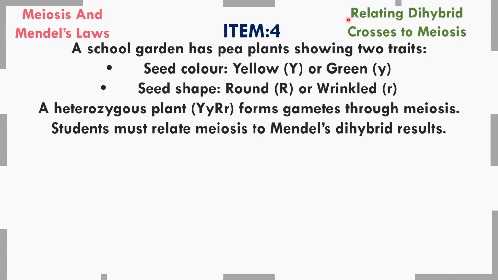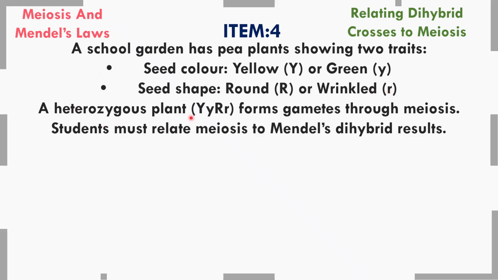Let's now look at relating dihybrid crosses to meiosis. Item 4. A school garden has pea plants showing two traits: seed color, yellow (Y) and green (y), and seed shape, round (R) or wrinkled (r).